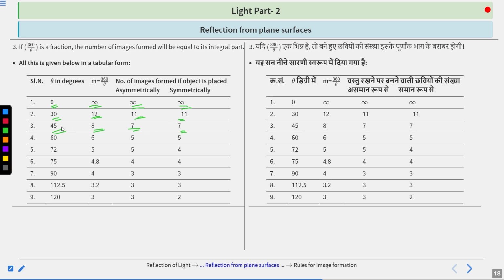Here you can say 60°, 6, 5, 5. 72°, 5, 5, 4. 75°, 4.8, 4 and 4. 90°, 4, 3 and 3. 112.5°, 3.2, 3 and 3. 120°, 3, 3 and 2. So you could check it by yourself. There is nothing to explain over here. It is just in tabular form.